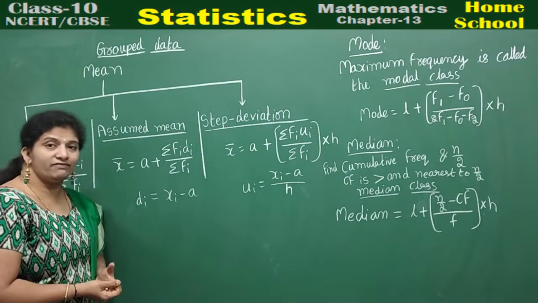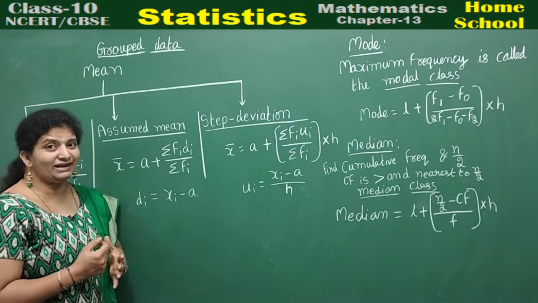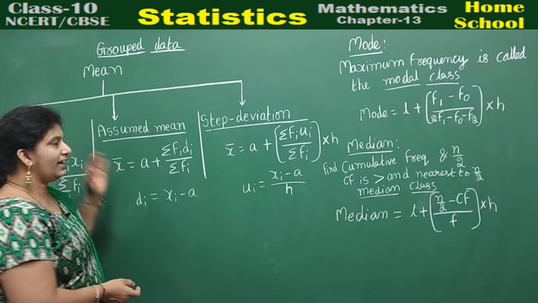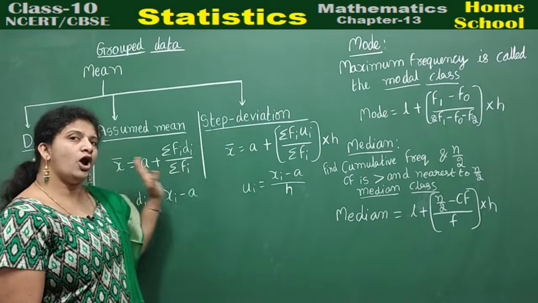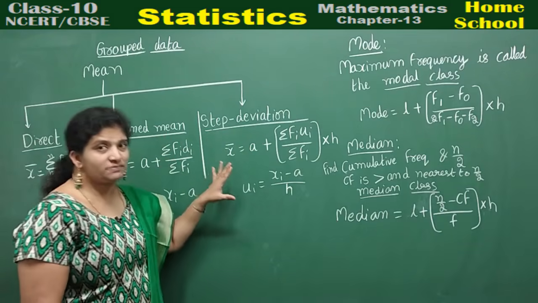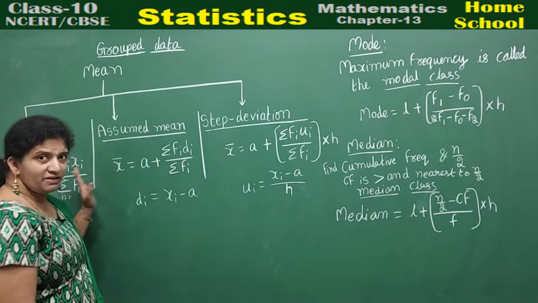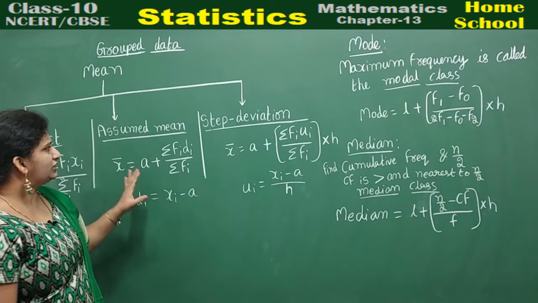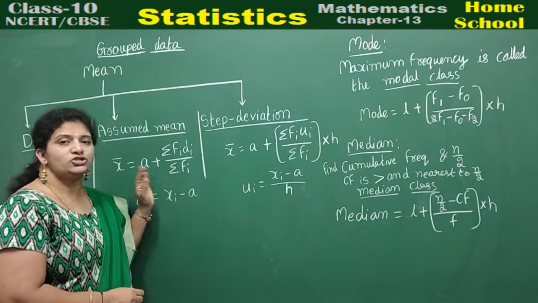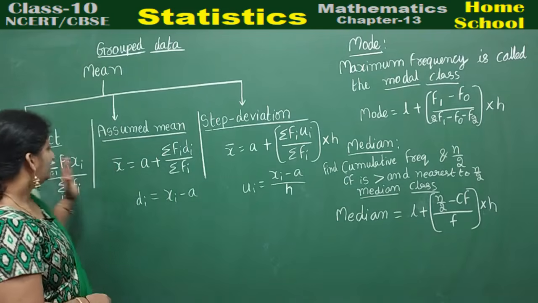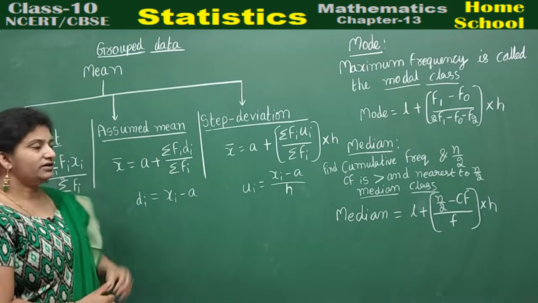Suppose the given scores are big, then the calculation takes more time. At that time you can choose the step deviation method. The step deviation method is always preferable, and the easy method is the direct method. The assumed mean method is also similar to step deviation. Let's learn about the first method, the direct method.